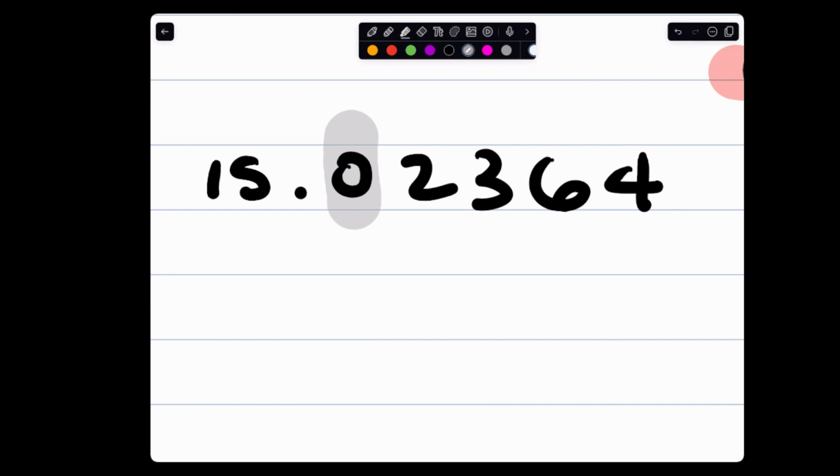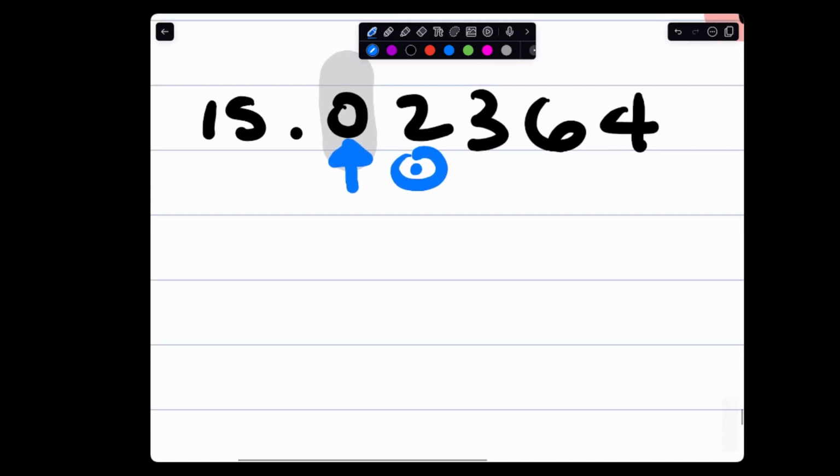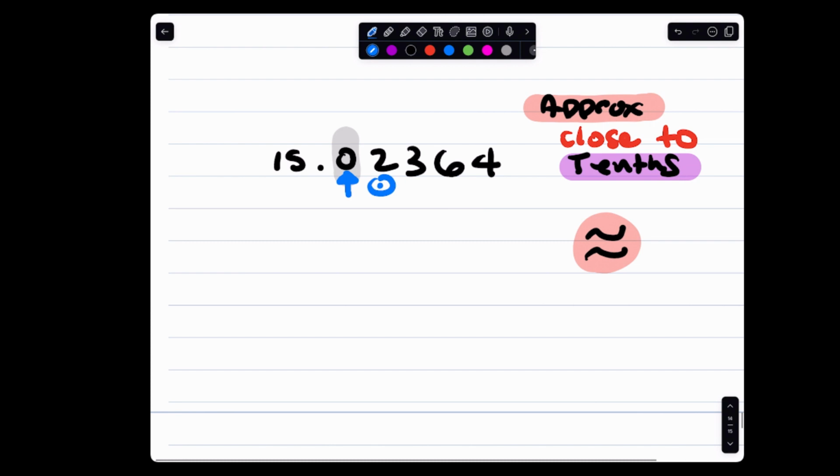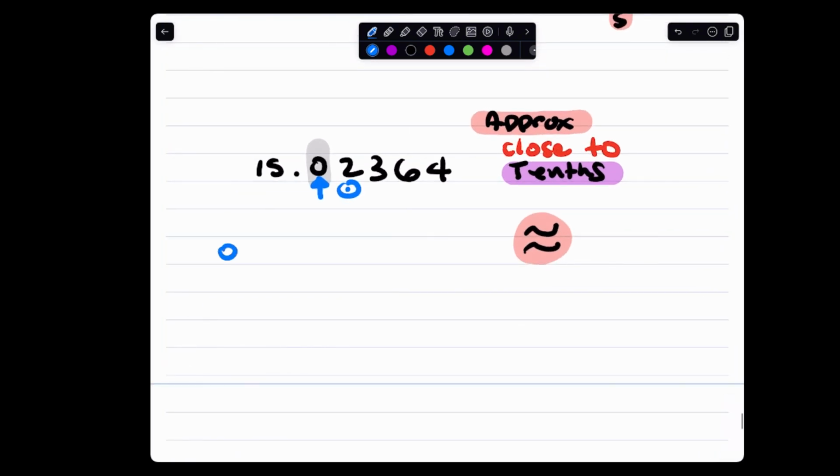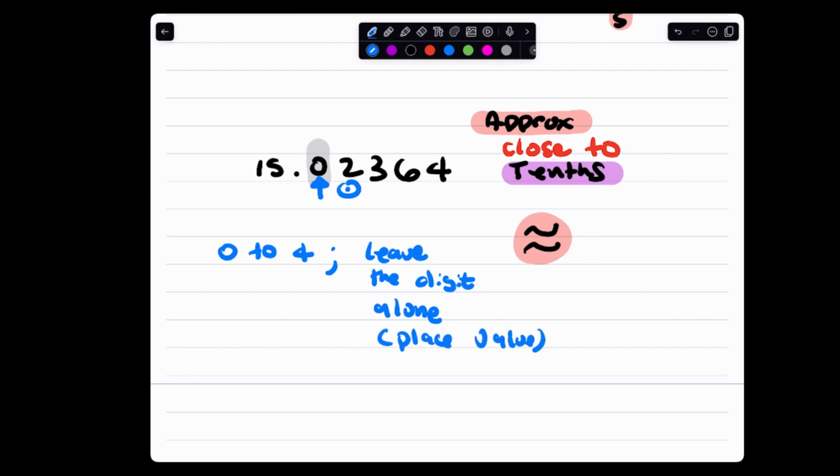So I count this. Here's the 0. It's in the tenths position. I look at the digit to the right of that. And so I put the eyeball there and I say, okay, if that digit to the right is a 0 to 4, then what do you do? You leave the digit alone, the digit in the place value where your arrow is.